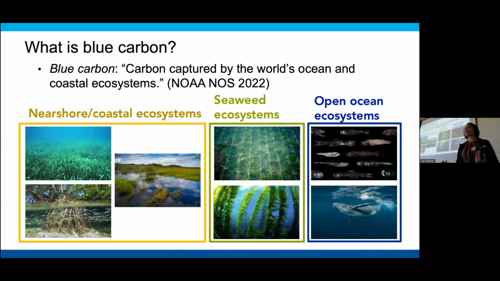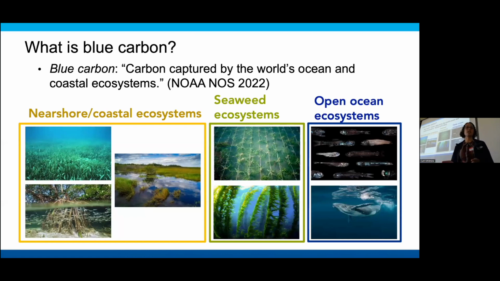And there's a handful of ecosystems that are so far considered blue carbon ecosystems, and they're grouped into these three larger categories based on common pathways for storing carbon and the dynamics around that carbon capture. So these three categories are the nearshore or coastal ecosystems, and these are things like marshes, mangroves, and seagrass.